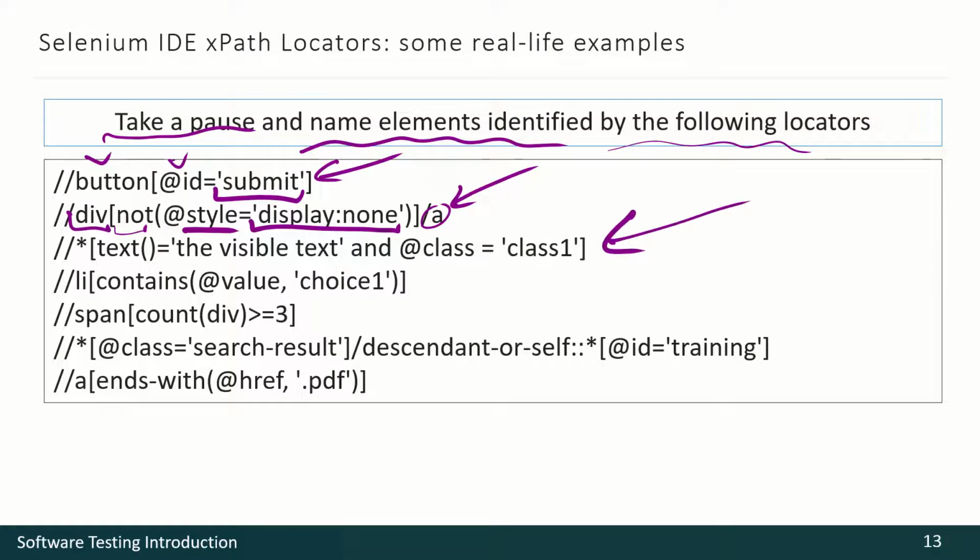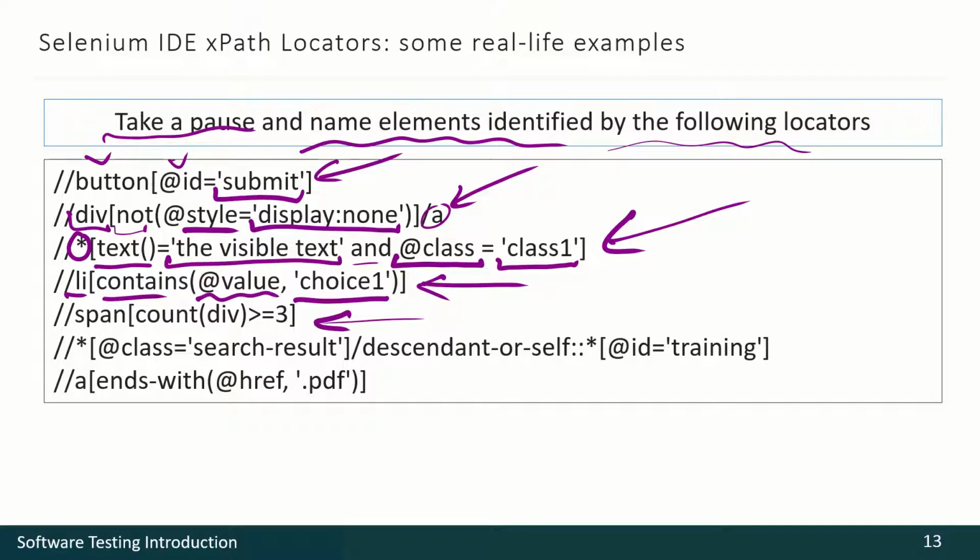This one looks for any element the text component of which is the visible text, and that element should have a class attribute with value class 1. This one looks for any list item with a value attribute containing such value. This one looks for a span with 3 or more divs inside it.